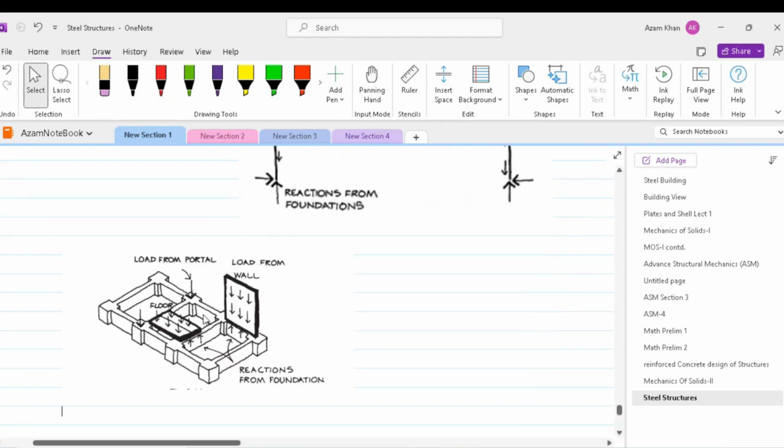The foundations will be loaded by the reactions to the portal frame plus the reaction of the self-weight of the walls and also the reaction to the floor units.